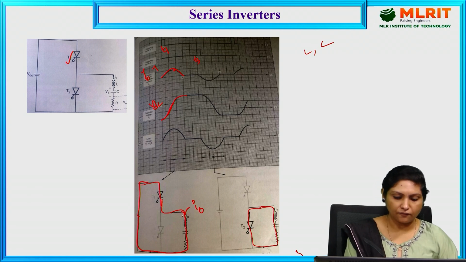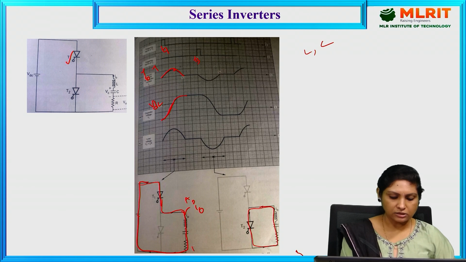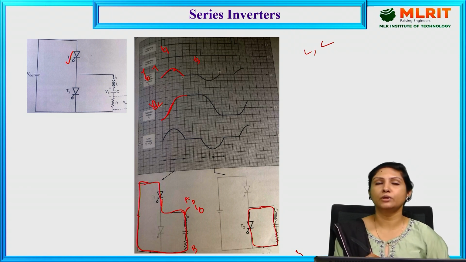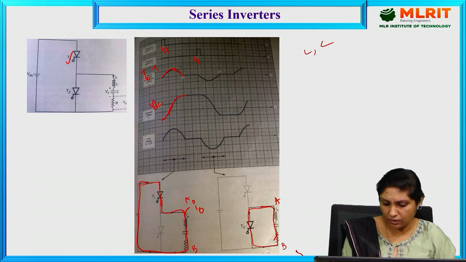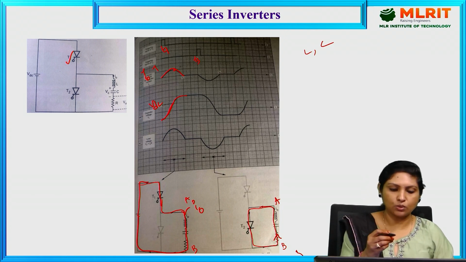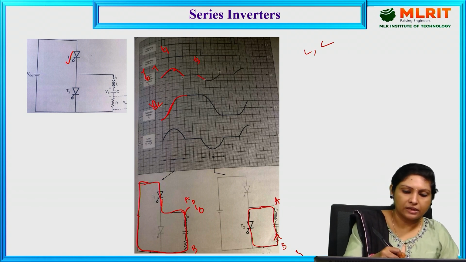Let us say this point is A and this point is B. Earlier, the current flow through the load was in the downwards direction, from A to B. Whereas here, when we provide the triggering pulse for the thyristor 2, it conducts current in the reverse direction, from B to A, in the upwards direction. That is the only reason the current flow through the load is in the negative direction.